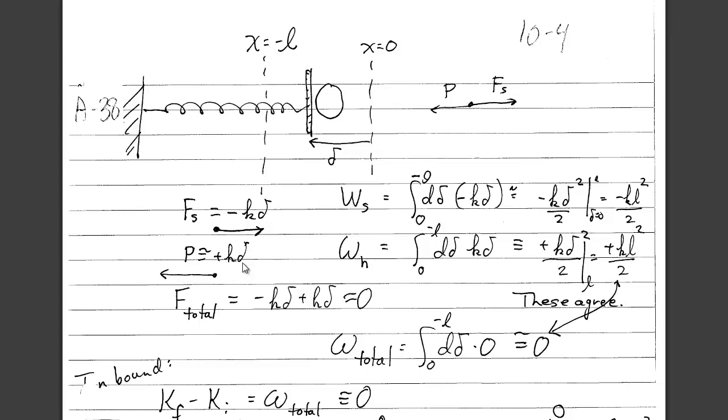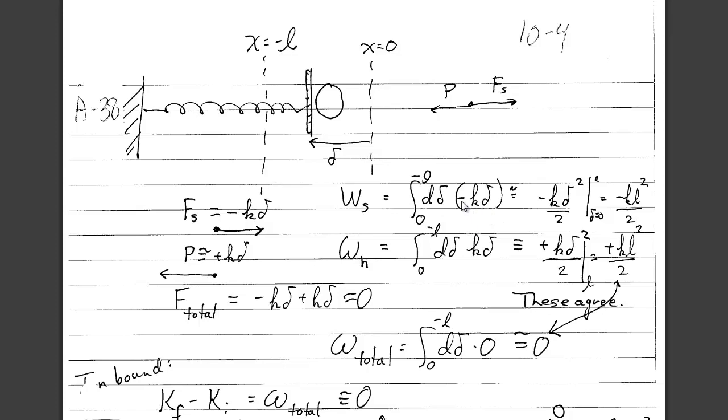Okay, let us now calculate the work done by the spring and the work done by the hand on the object. So, the work done by the spring is the integral over the spring displacement. I'm calling the displacement when we're partway in delta, and delta is a variable, and delta goes from the value 0 to the value minus L, and the spring force is minus K delta.